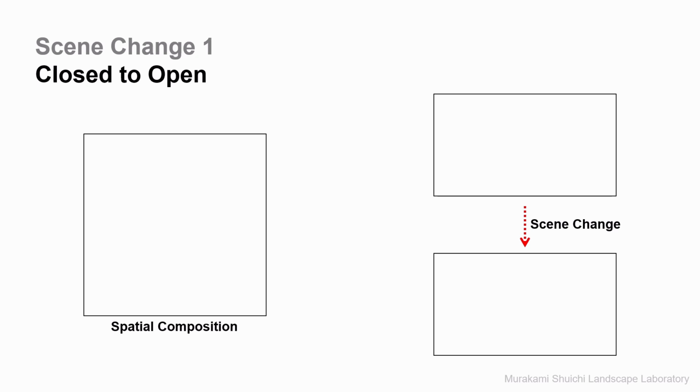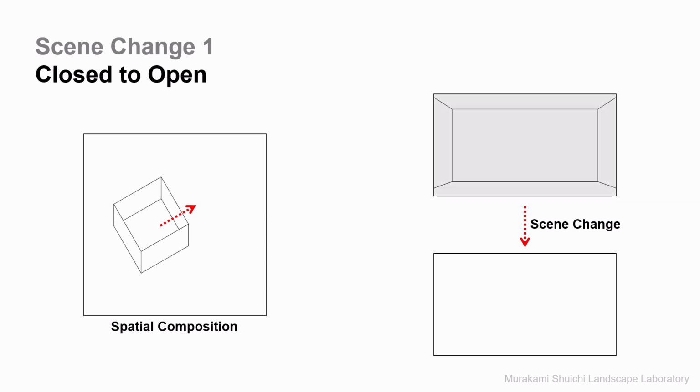First, let us consider the scene change from closed to open. A typical example is in the spatial composition shown in the axonometric drawing. Moving from an indoor room to the outdoor, where the condition shifts from a space in which the view is blocked by walls to one with no visual obstruction.